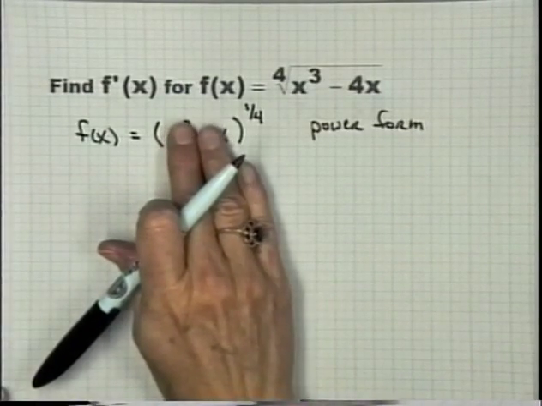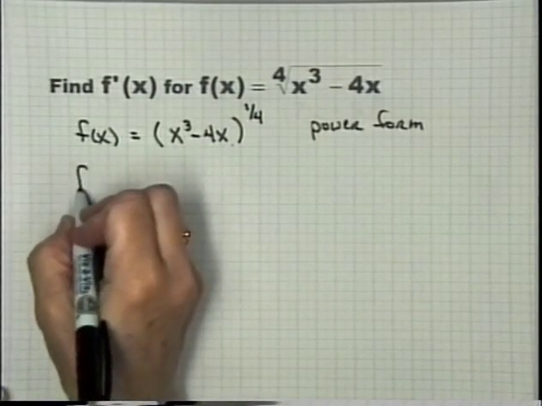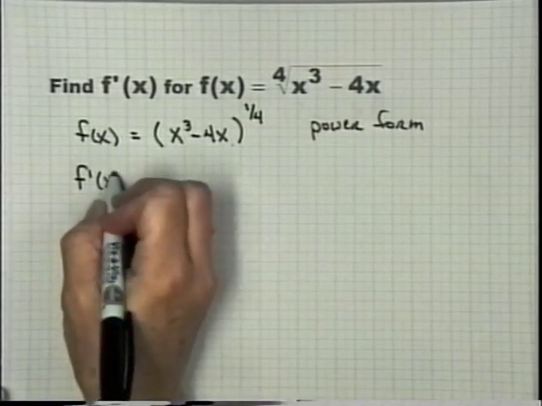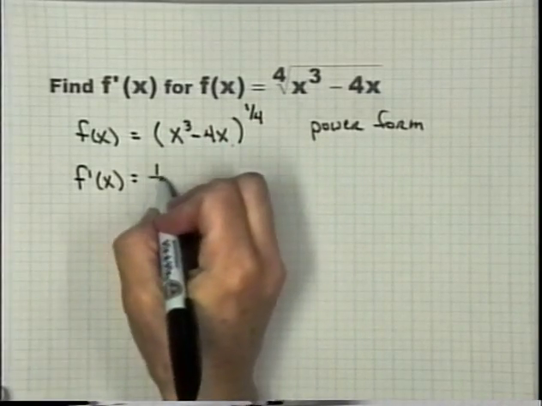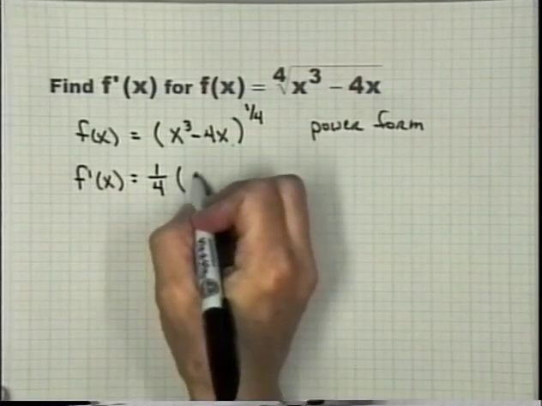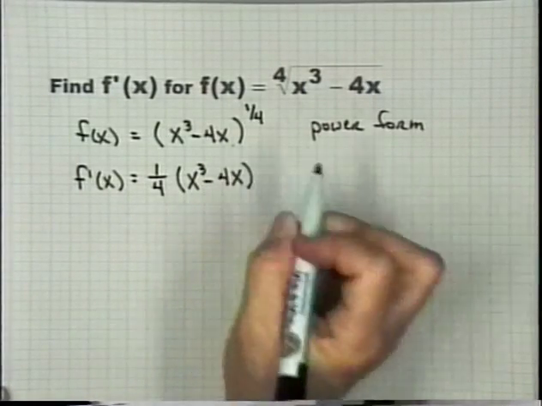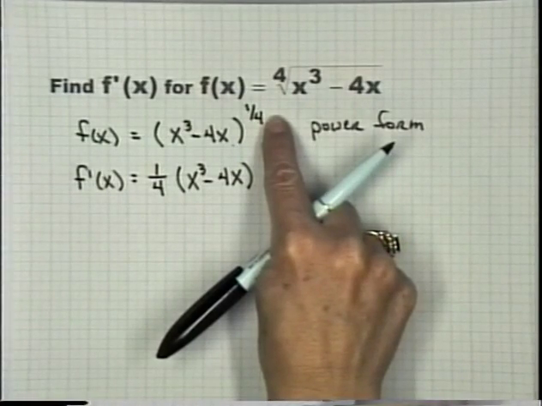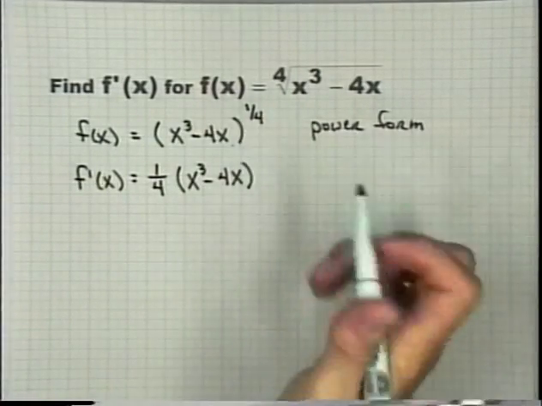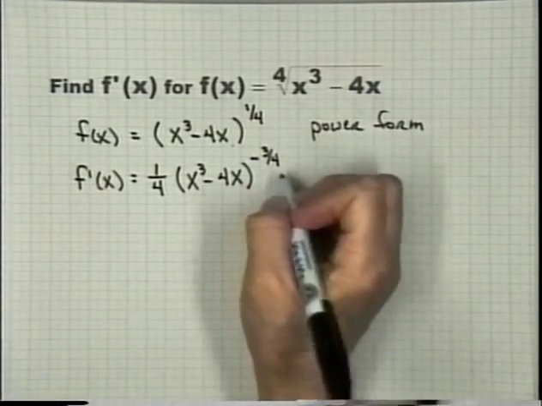Notice I have a function of x to a power. So we will use the power rule first to get the derivative. The power rule says we're going to bring this exponent down, 1/4. Then remember, we recopy this function exactly like it is, but we subtract 1 from the exponent. Well, 1/4 subtract 1 is going to give us a negative answer, negative 3/4.